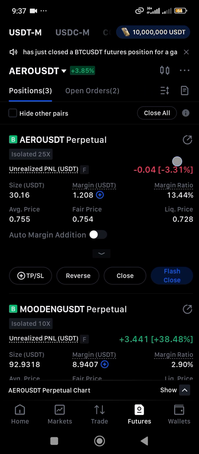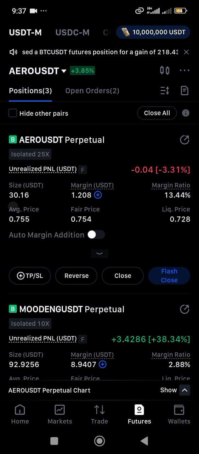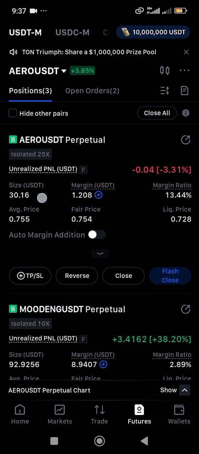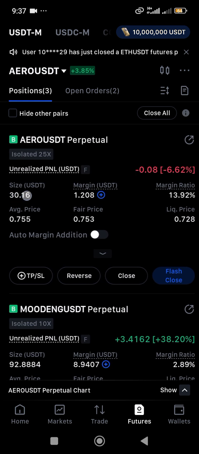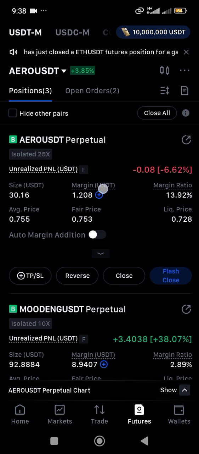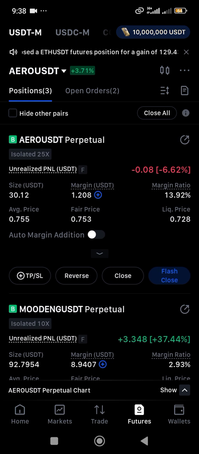So if you are making profit, your profit will be coming as though you are trading with 30.1 USDT, not as this. Are you getting me? That is what leverage can do for you. Leverage magnifies your trading capital. Leverage increases your trading capital.